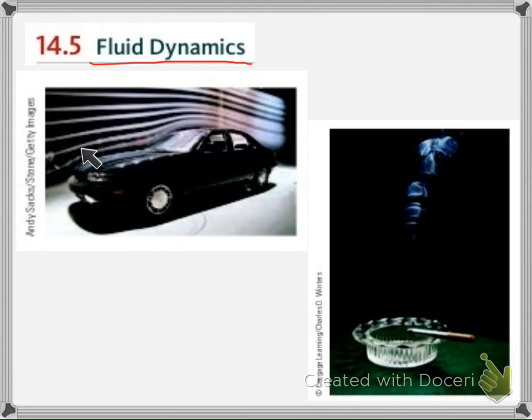Maybe they use vapor, or maybe some kind of dust, and let it flow together with the air to see the path of the flow of the air. And this kind of motion we call laminar flow. We will talk about it in more detail later, but this is an example of the simple fluid.